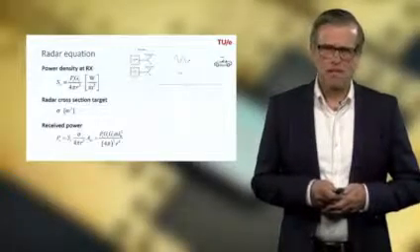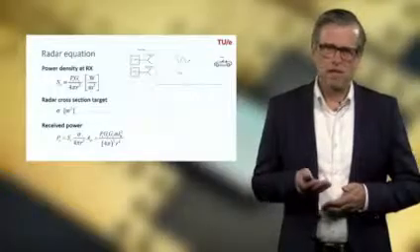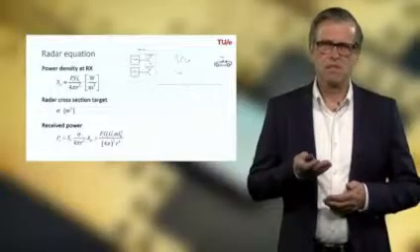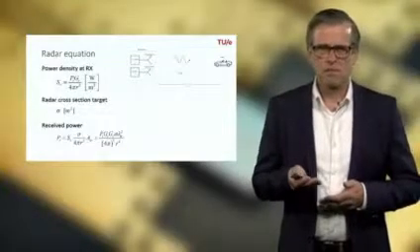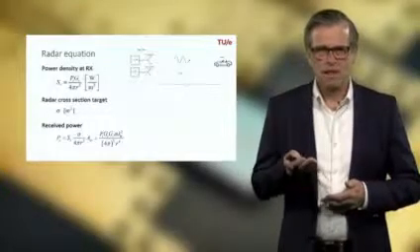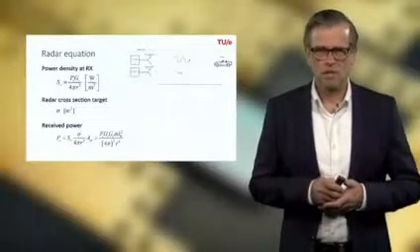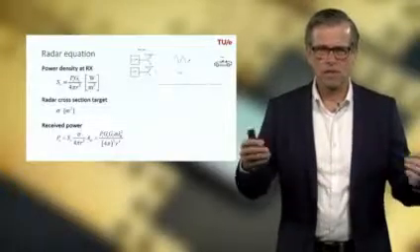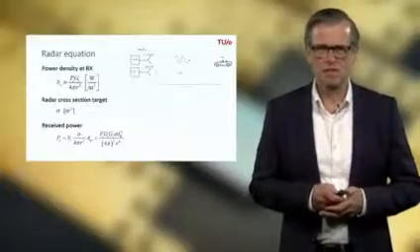The received power at the radar is then the power density at the target times the radar cross-section of the target times the effective area of the receiving antenna divided by 4 pi R squared, because of the spherical expansion again of the wave that is reflected back by the target.